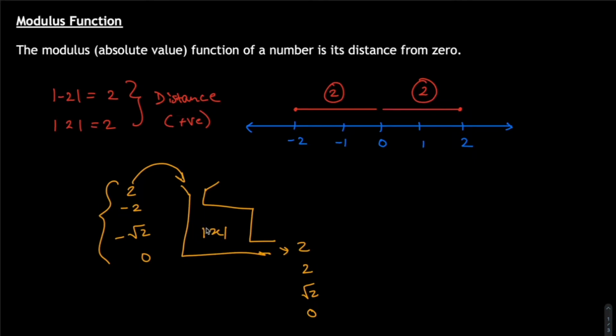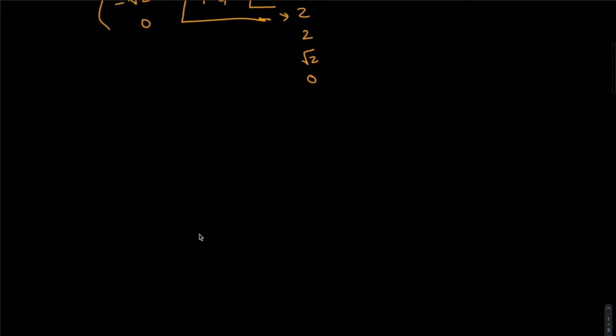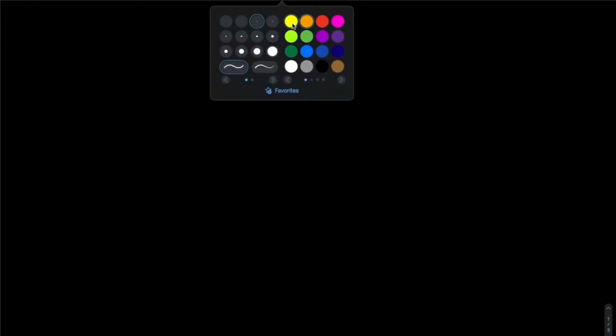So let's understand the modulus function as graphically as possible, and what it actually means. I'll take yellow. The modulus function in simplest terms is y equal to modulus of x.